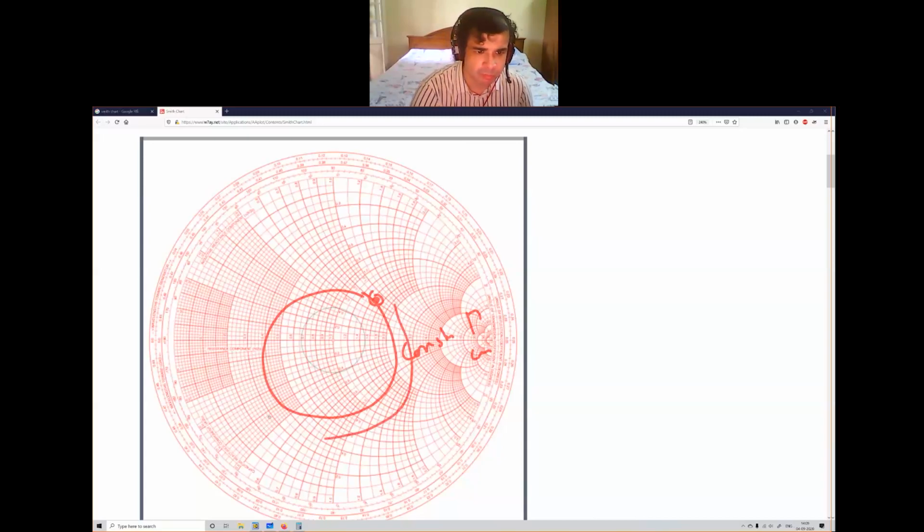So that would be somewhere here, approximately, and you get this point. Now you see the values of R and X at that point. That will be my Z.